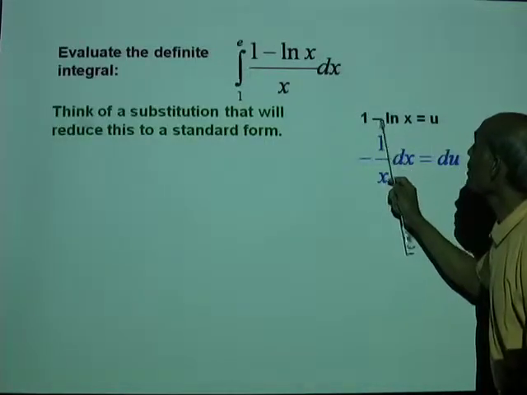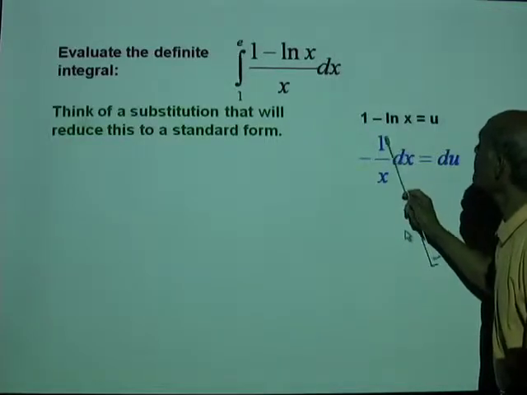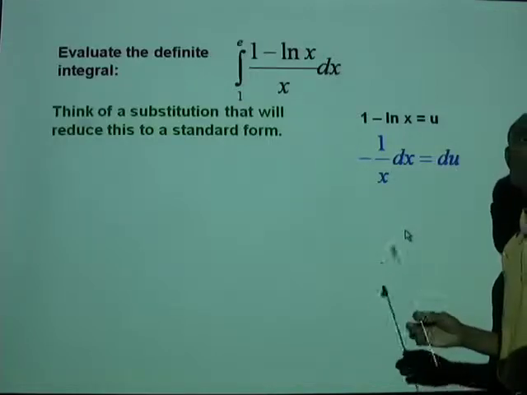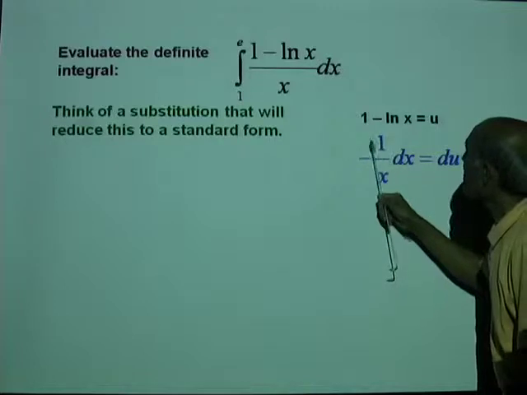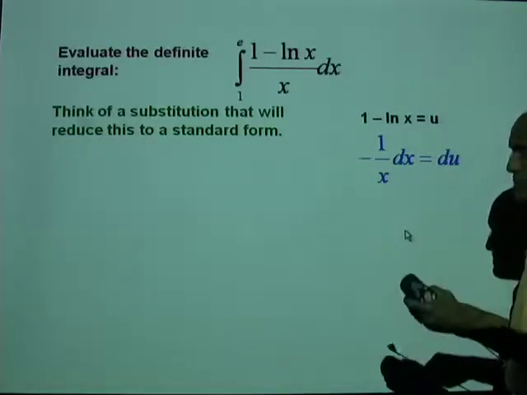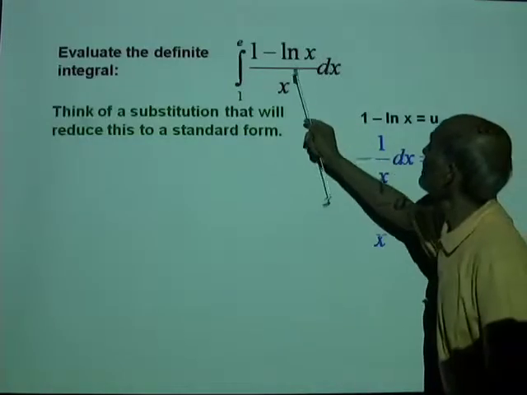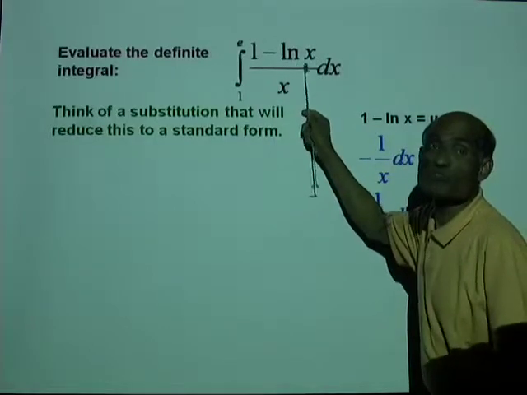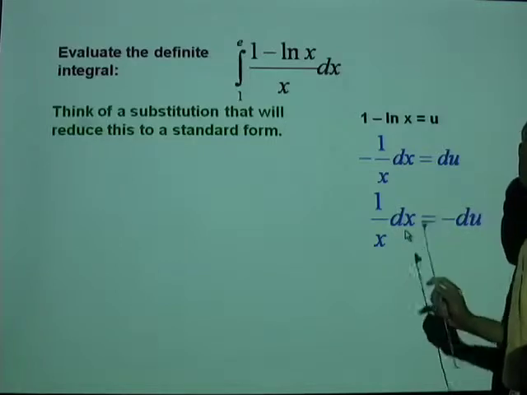The differential of negative ln x is negative 1 over x dx. The differential of u is du. So negative 1 over x dx equal to du, and therefore 1 over x dx is negative du. See, when this becomes u, you need to replace 1 over x dx with negative du.